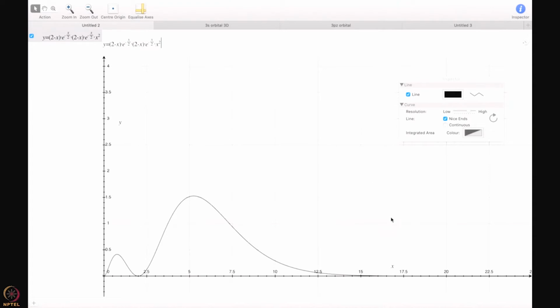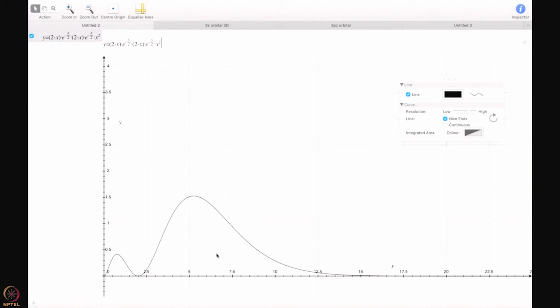Yeah. So while it is true that this function goes on until infinity, I hope that you will agree with me that it does not matter if I work with the function up to a limit of say 15 angstrom, because beyond 15 angstrom is very little.